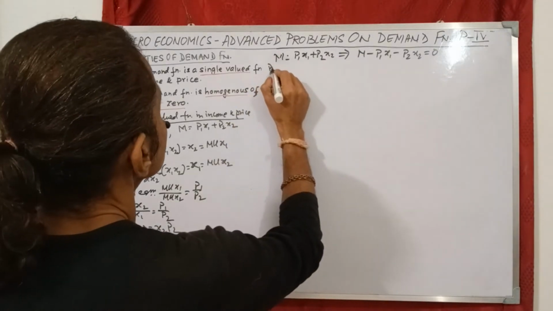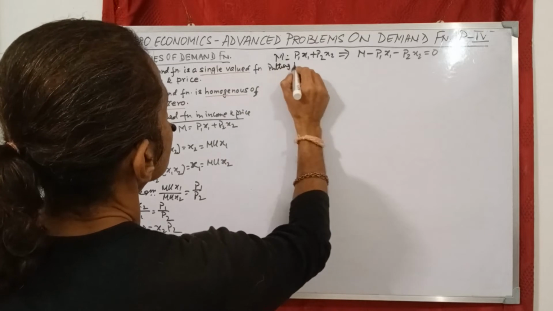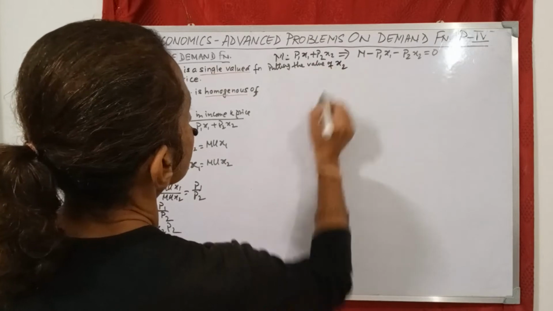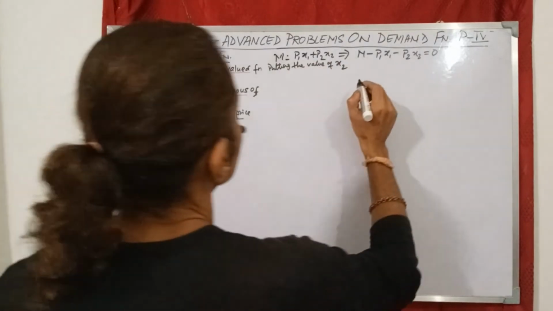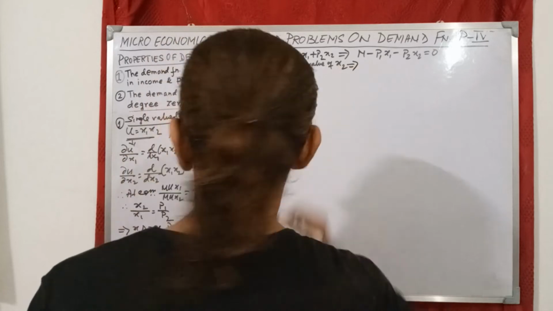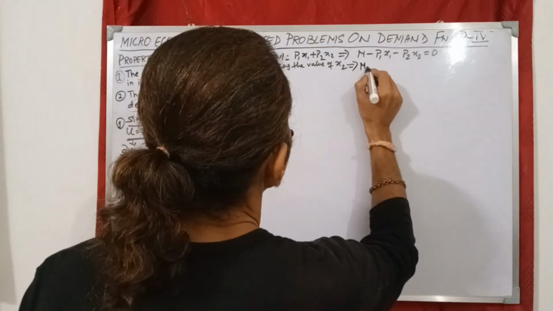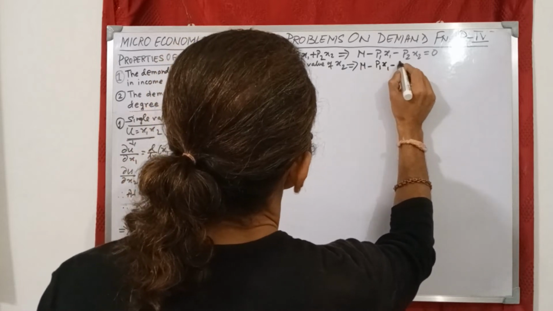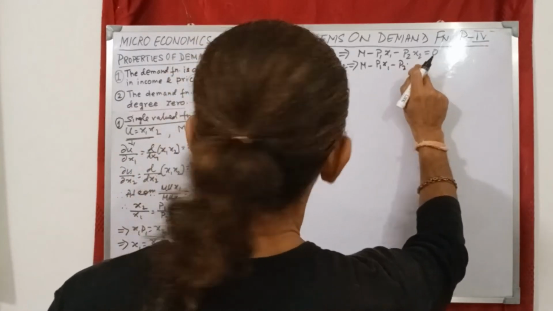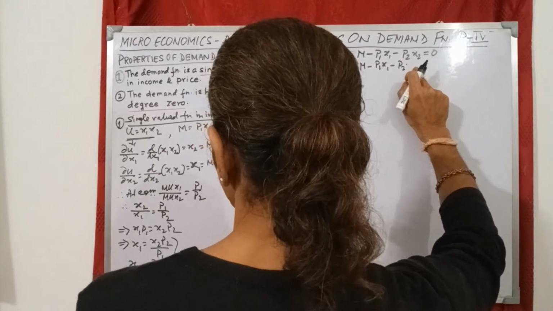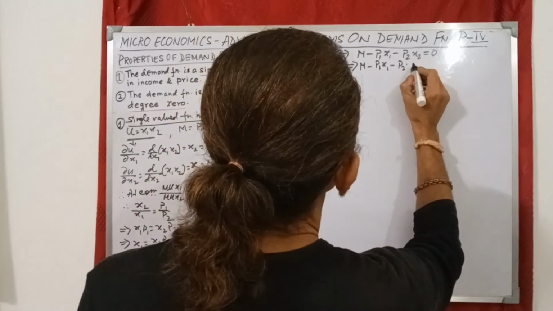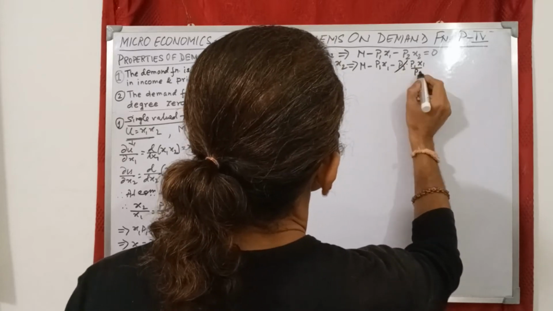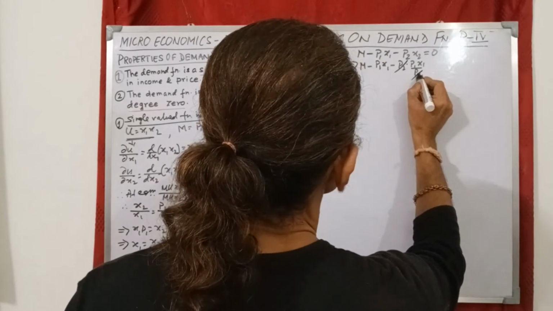So putting the value of x2, we get M minus p1 x1 minus p2 into, now here we are putting the value of x2 which is x1 p1 by p2. p2 in numerator and denominator, so it goes away.